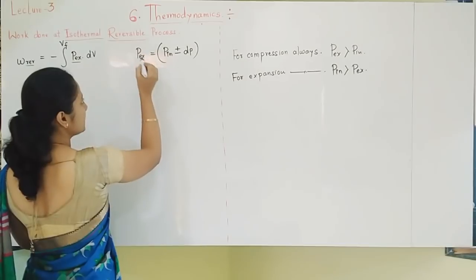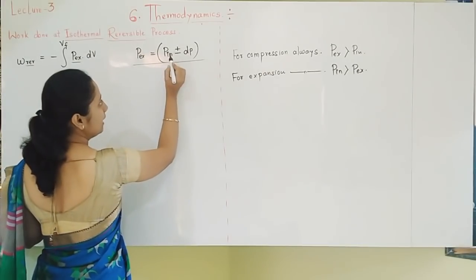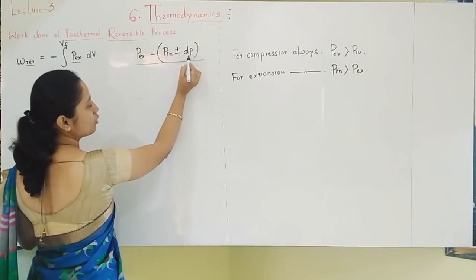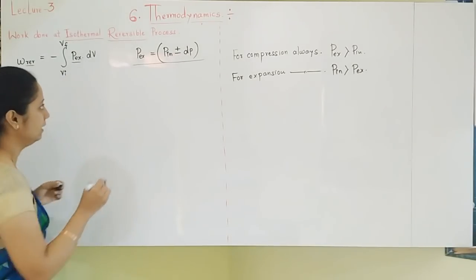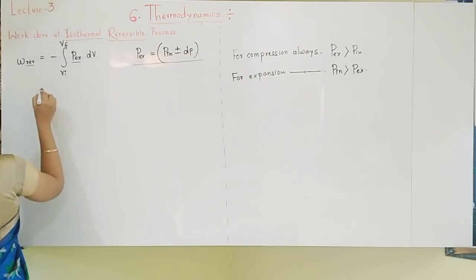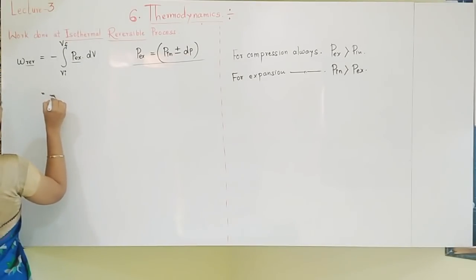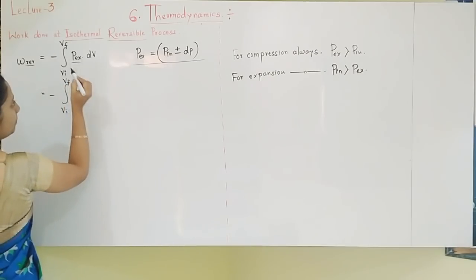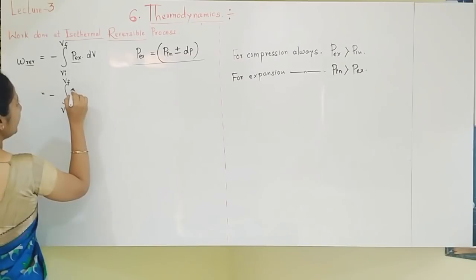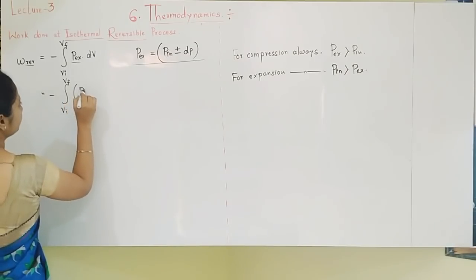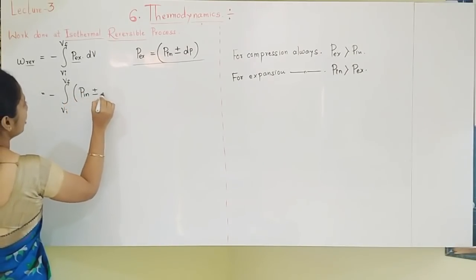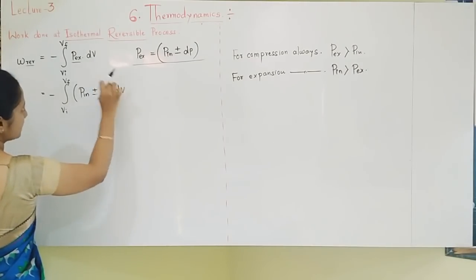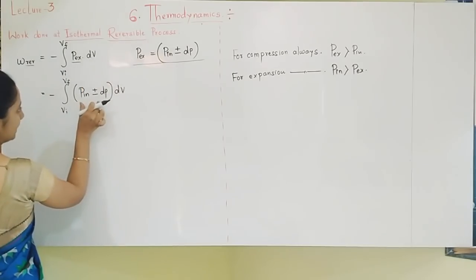So for P external we can write it is either greater or less than internal by a difference of dP. Let us substitute this here. Minus, range is initial up to final, P external I am writing as P internal plus or minus dP, times dV. dV as it is, I wrote. P external I substituted like this.